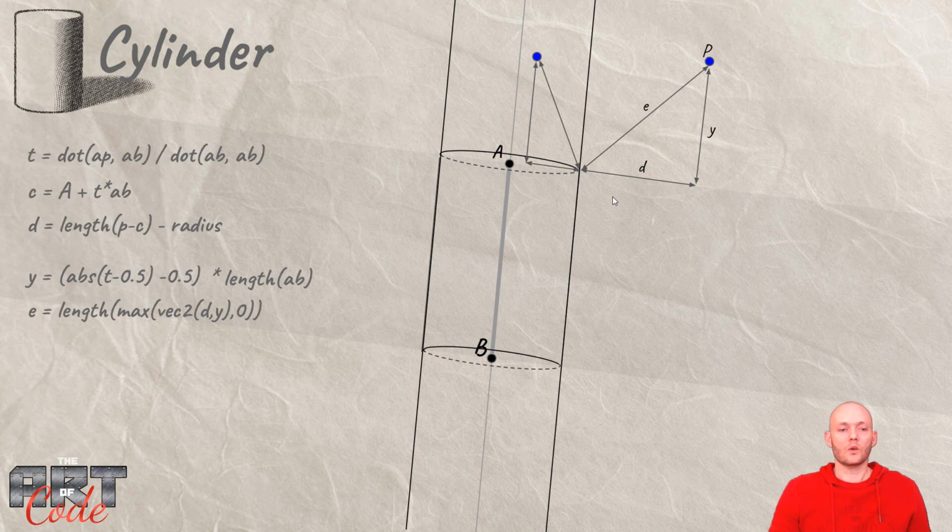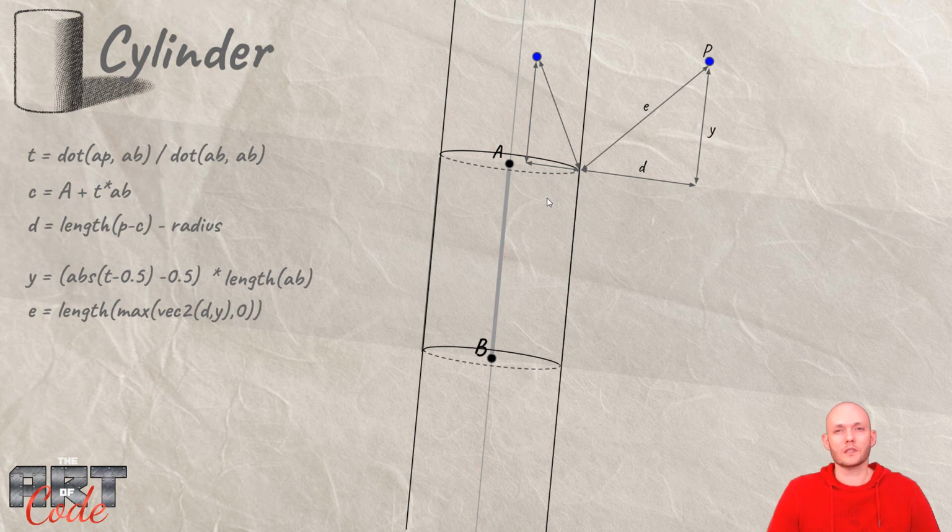And then one thing that I haven't mentioned with any of the other functions before is that there is the concept of an exterior distance, which is the distance to the surface from the outside of the object. But you also have something called the interior distance. I kind of skipped over it on the other ones.